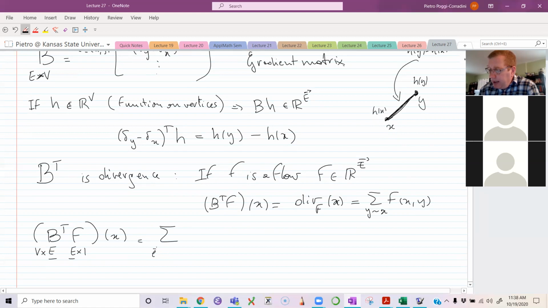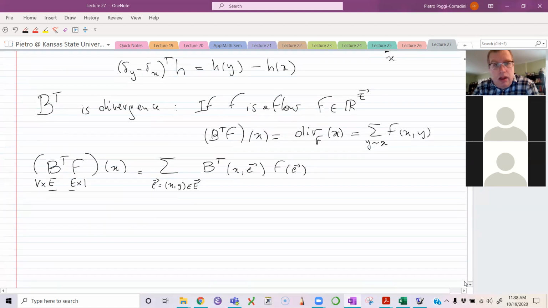Because we have oriented the edges, they are of a fixed form. So we orient over the edges, then we take B transpose. It's V by E, but x is fixed, so it's going to be the x, e entry, and then F. That makes sense?